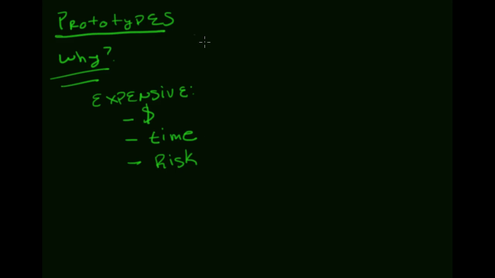So a prototype is ultimately a type of model. Earlier this year we had a whole unit on models. A model could be anything from a computer model to an equation to a physical model to a full size working whatever. But the model has to be working in such a way that it can be tested and measured as part of that test.